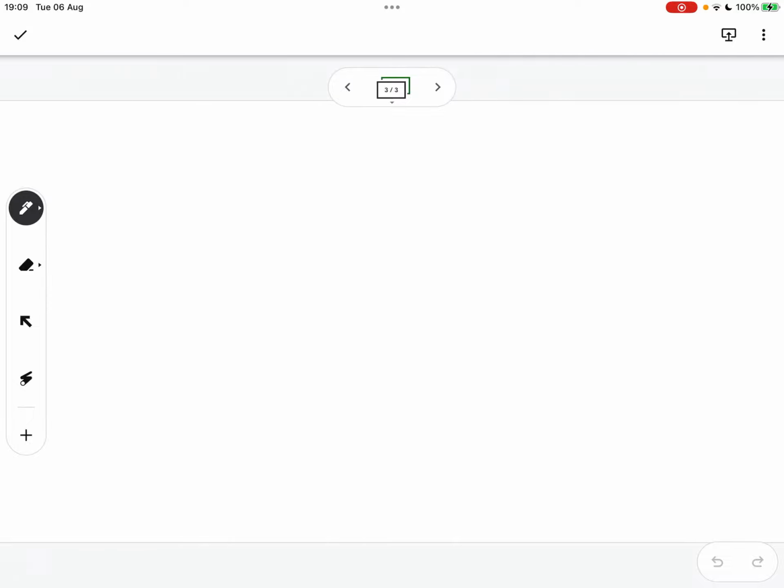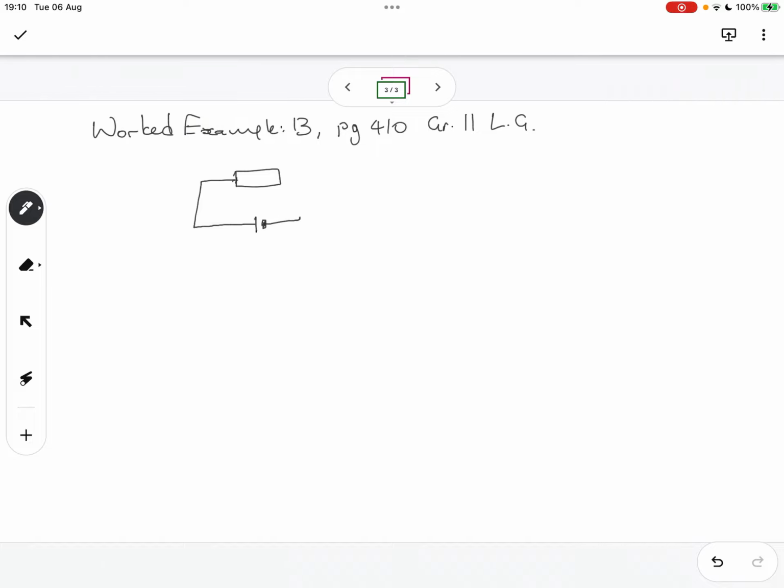All right. So, in another example, worked example 13, and it's on page 410 of the grade 11 learning guide. We're given a resistor in a circuit, and it's linked to a battery.